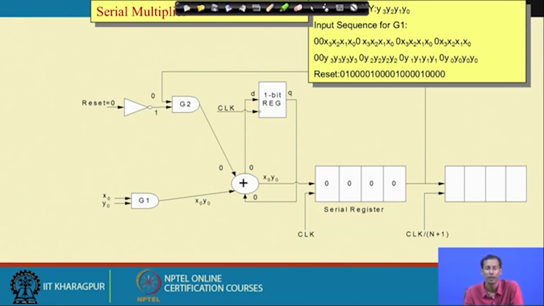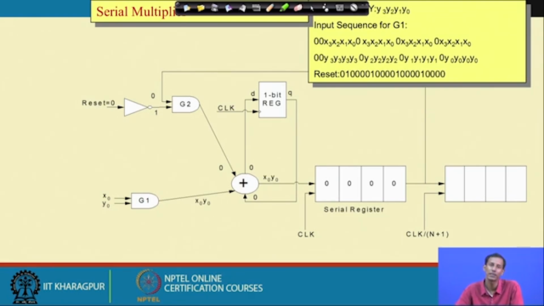Because this is a serial operation, to generate the partial products, suppose 4 into 4, it needs 16 clock cycles. Then the addition operation again takes some time. So, I have to wait if I consider more bits for multiplying, and the total computation time for this multiplication will be more.